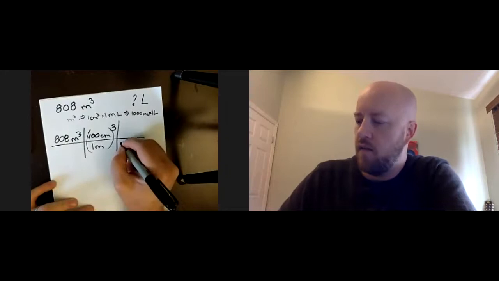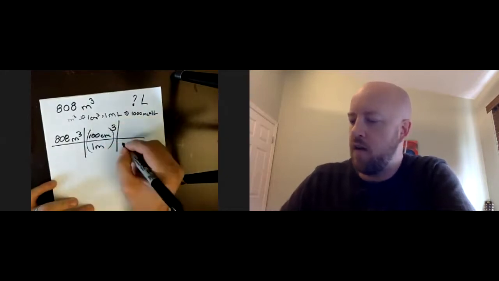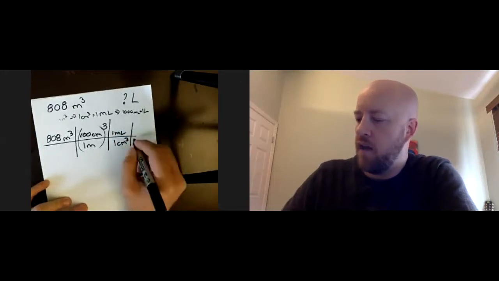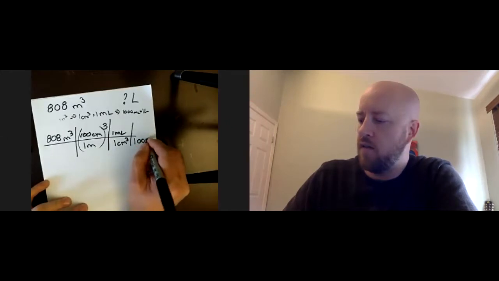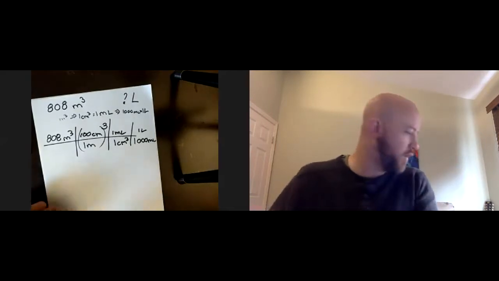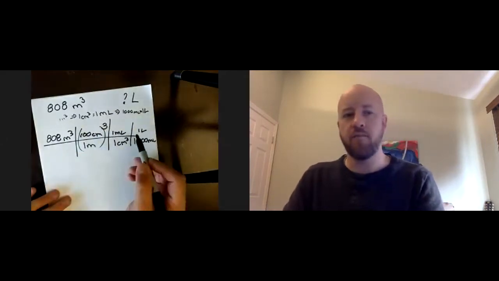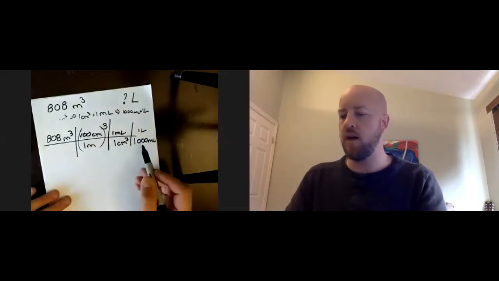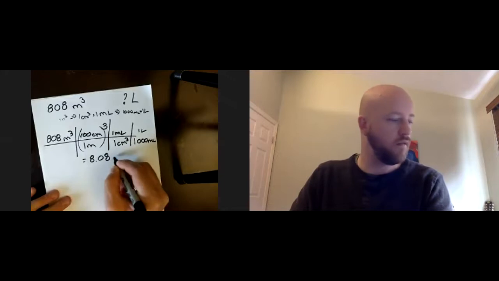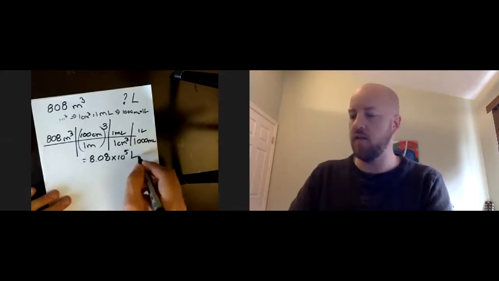That's cubing everything in here. 1 centimeter cubed, therefore, will be 1 milliliter. And then there's 1,000 milliliters in 1 liter. When we multiply all the numbers on the top and divide by all the numbers on the bottom, we will get 8.08 times 10 to the 5th liters.